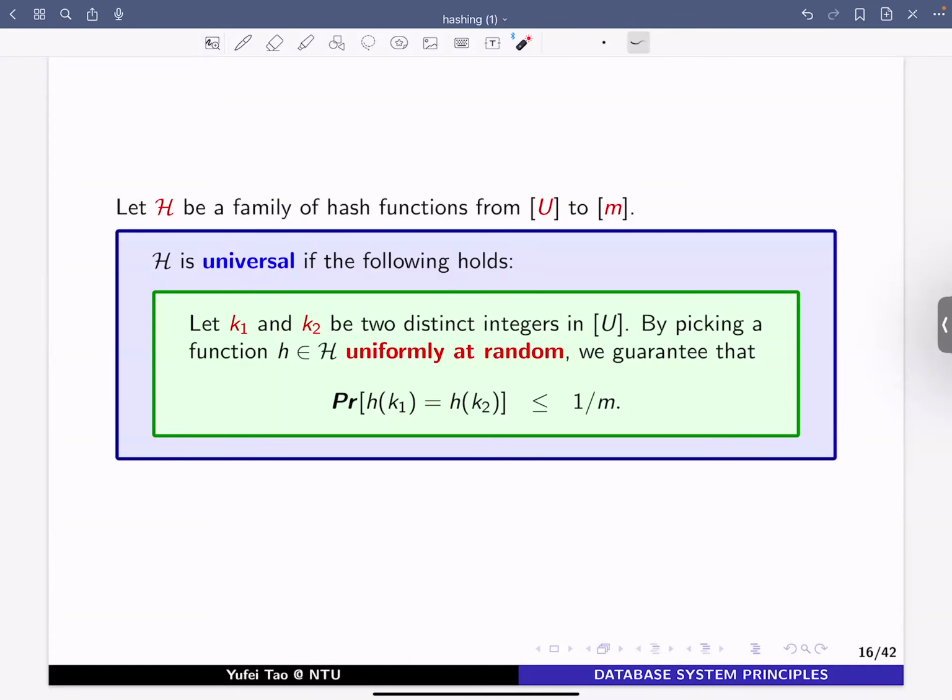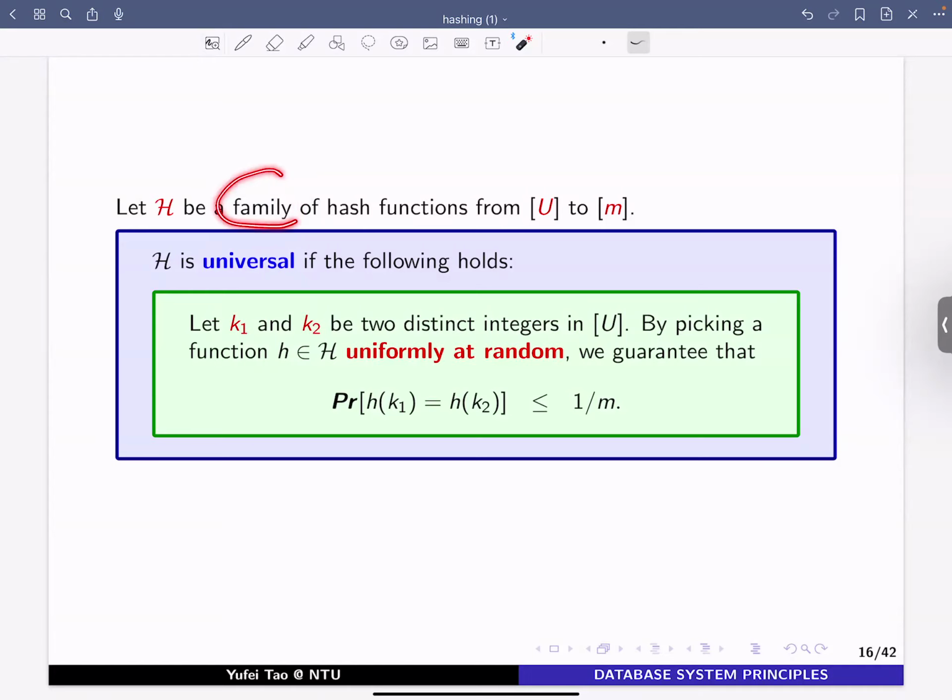So let me tell you what is a much better approach. The better approach is to prepare a lot of hash functions. We call this a family. Whenever I say family, essentially that's another way to say set. This is a mathematical term. For our discussion, it suffices to consider the term as a synonym of set: a set of hash functions.